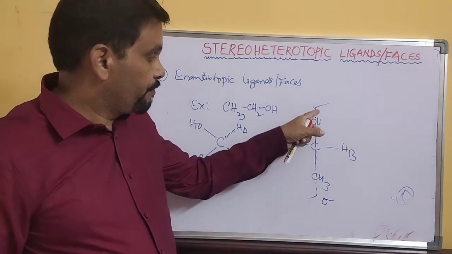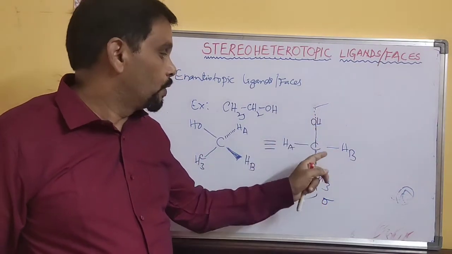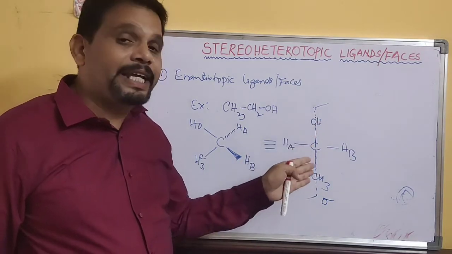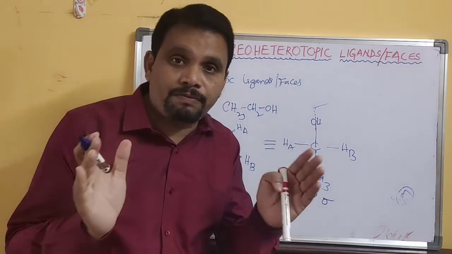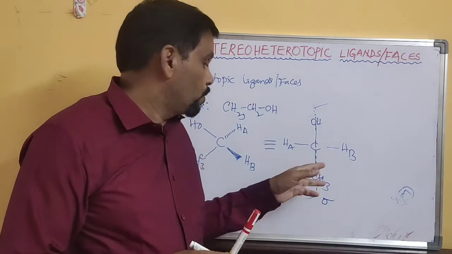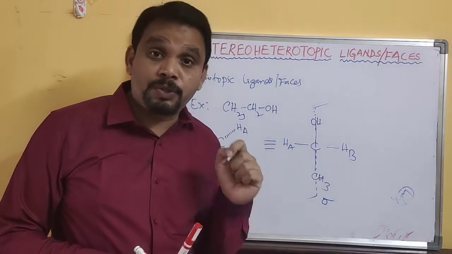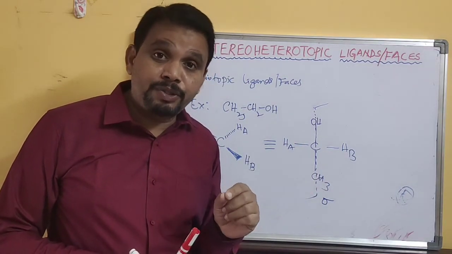If you bisect this molecule with this plane, you will get two equal halves. That means this molecule has a plane of symmetry; this plane divides the molecule into two equal parts. Therefore, it has a plane of symmetry.